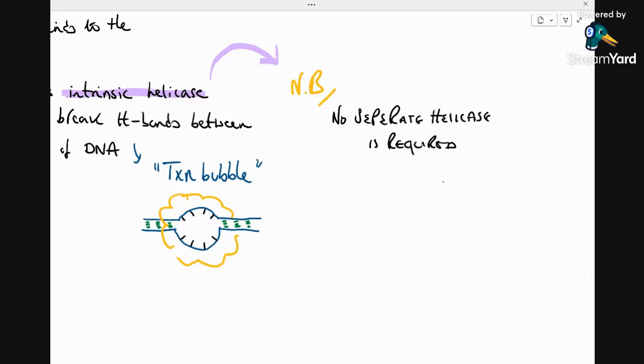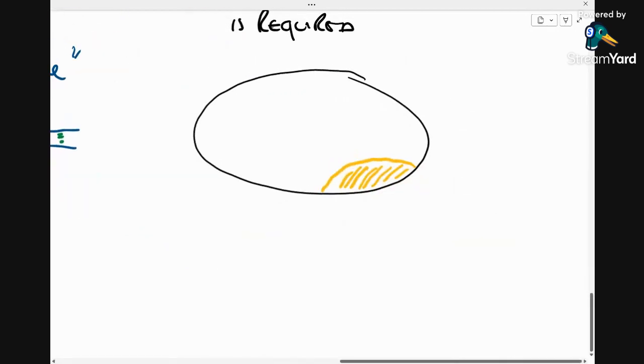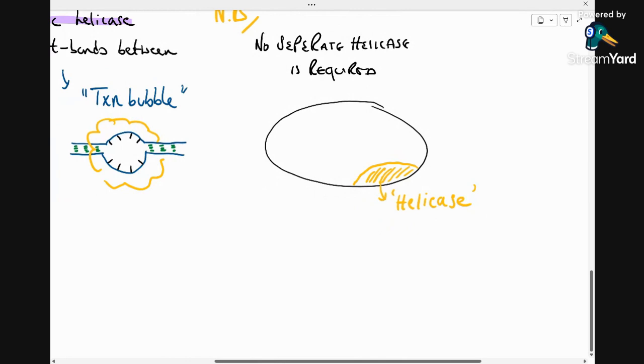But for now, feel free to remember it as RNA polymerase looks like this, and it has a little part of it here that is capable of helicase activity. Remember, helicase is not one enzyme, it is a family of enzymes that can use ATP hydrolysis and the energy from that.